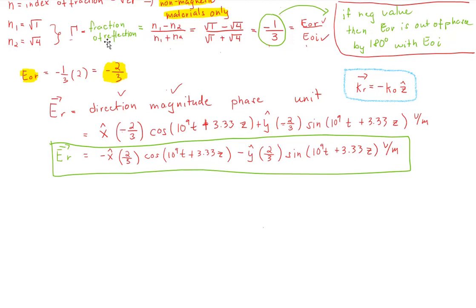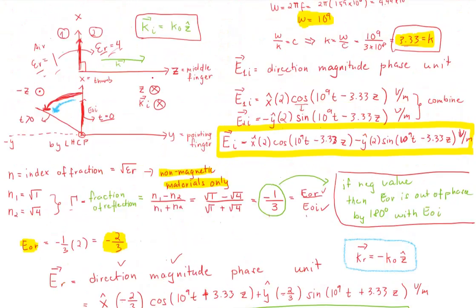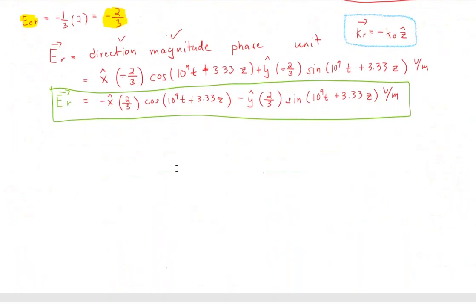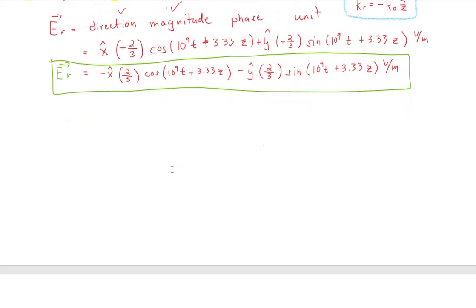Now question is, are we done? Let's go ahead and take a look. Unfortunately, it's still asking us for what is the polarization state of the reflected wave, and we have to answer that whether we like it or not. So let's see, how do we figure that one out? All right, it's negative x direction, so let's write it down.